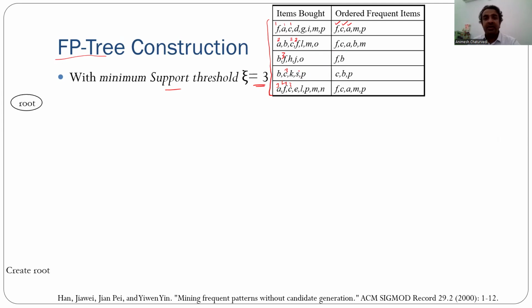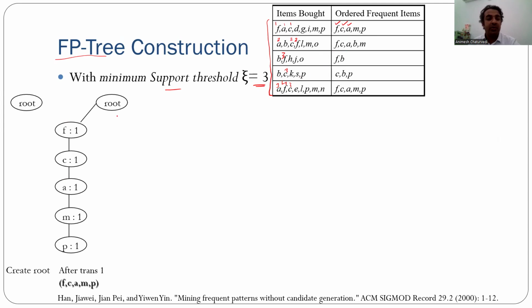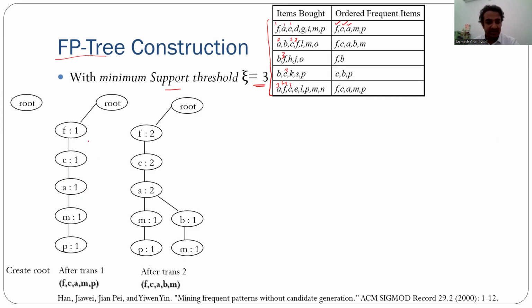Then if you have root, F, C, A, M, and P are inserted from the first transaction.